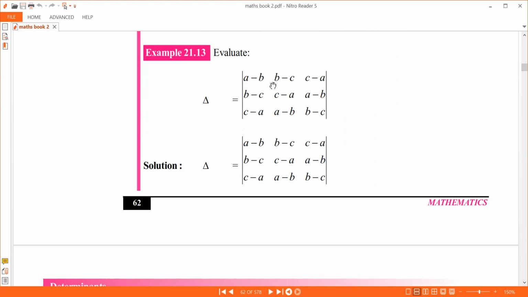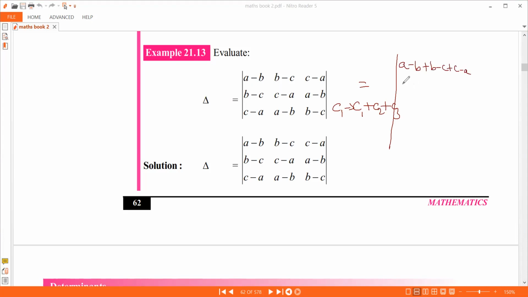Now evaluate a minus b, b minus c, c minus a. This is very, very easy. Such determinants are very, very easy. If you do C1 is equal to C1 plus C2 plus C3, just see what happens. Observe this: a minus b plus b minus c plus c minus a.